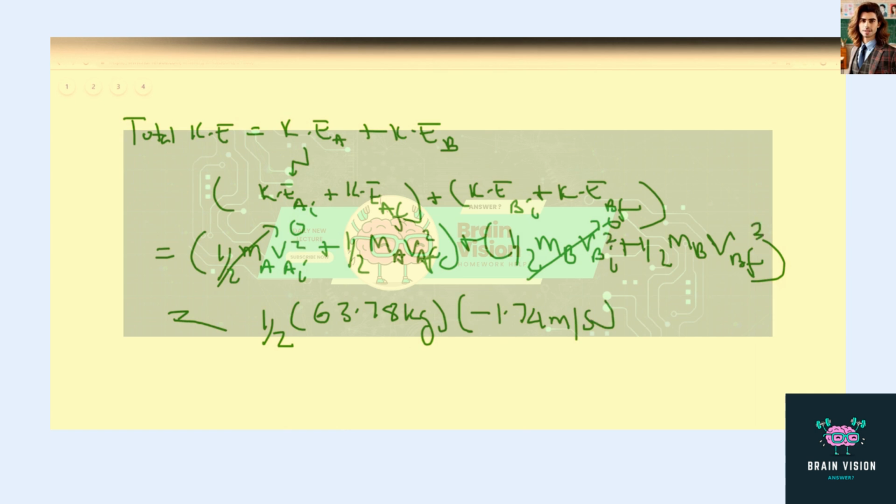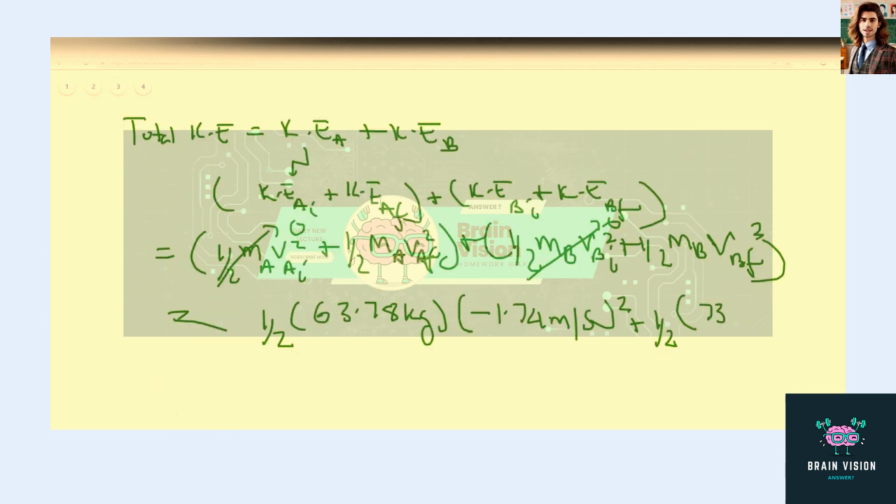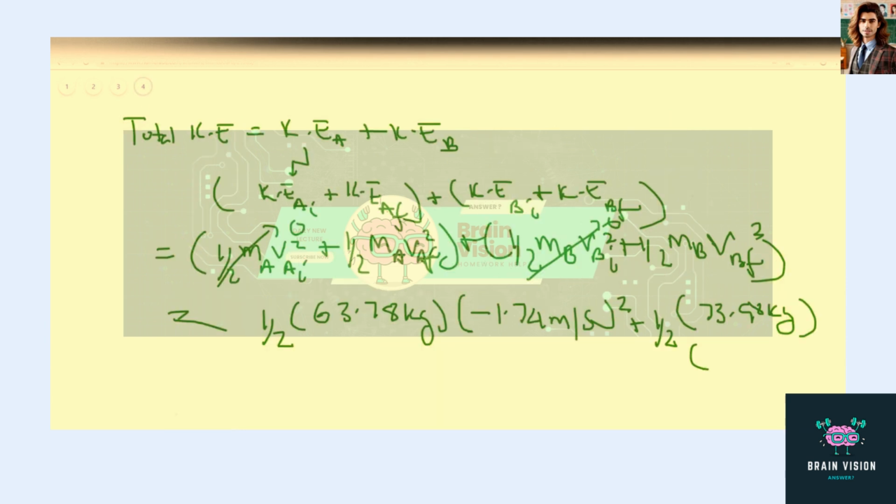And so this is going to be squared plus 1/2 mass of B. We have to go back and check it, 73.98 kilograms. And then the final velocity of B is also given at the beginning. It happens to be 1.50 meters per second.